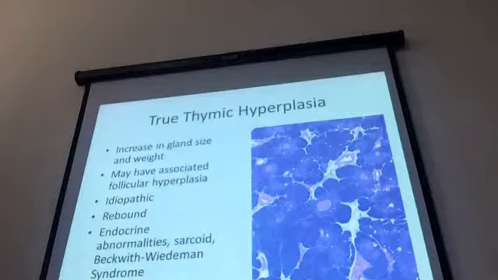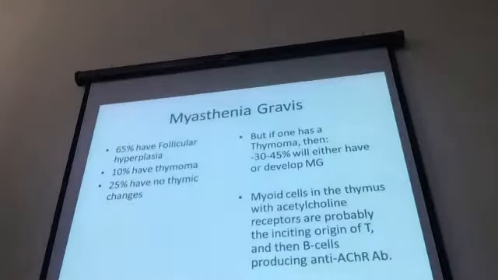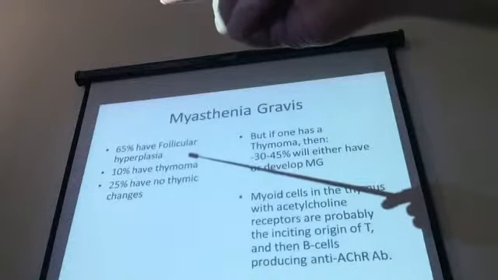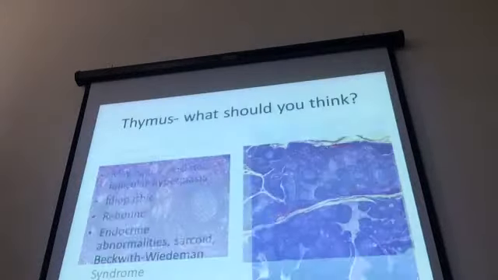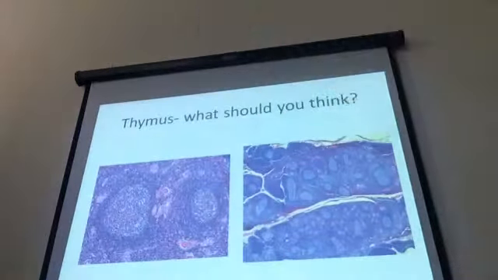And this is associated with some endocrine disorders that are unusual, not very common. So patients who do have myasthenia gravis, as you see, most often have follicular hyperplasia, this lesion here, this process.